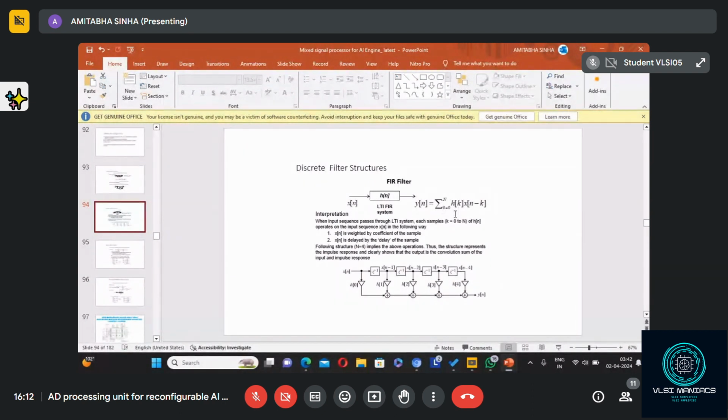Yn equal to Hk into Xn minus k. Hk is the impulse response. So multiplications and additions can be implemented easily by these structures. Already I've discussed these things. We need some adder, multiplier, and delay units. Now the multiplier you can easily implement. These multipliers are constant coefficient multipliers.